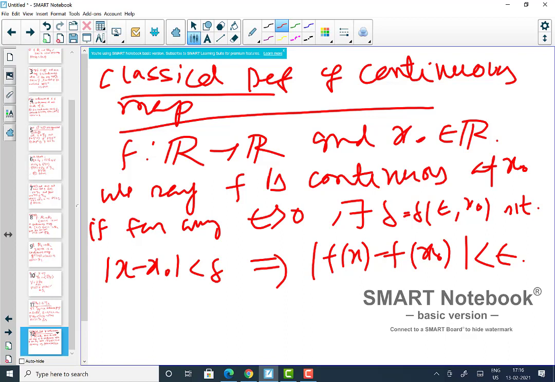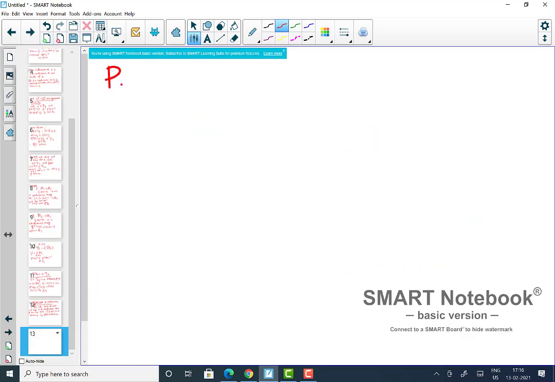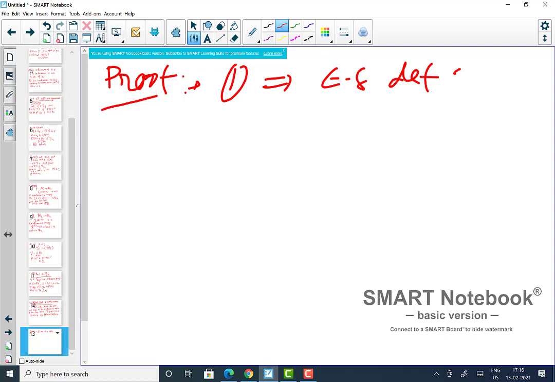That means the definition we have given for topological space implies this classical epsilon delta definition. So let me give you a proof so that you understand that it is a more general definition, right? So definition 1 implies the epsilon delta definition for the Euclidean topology of R.